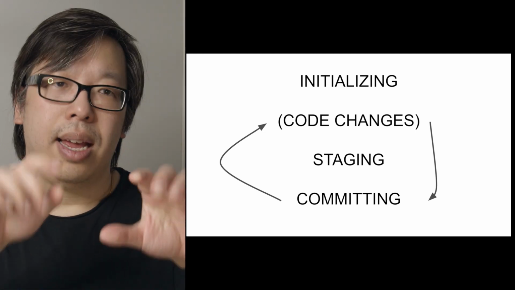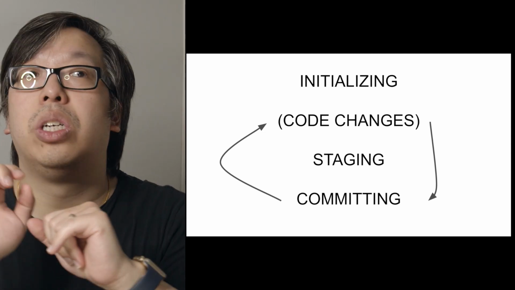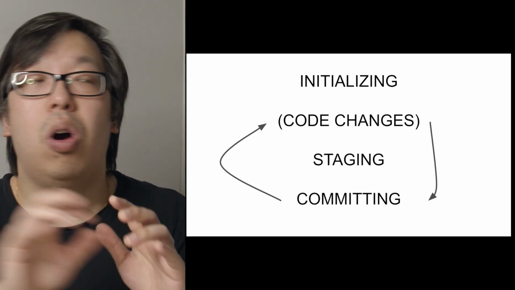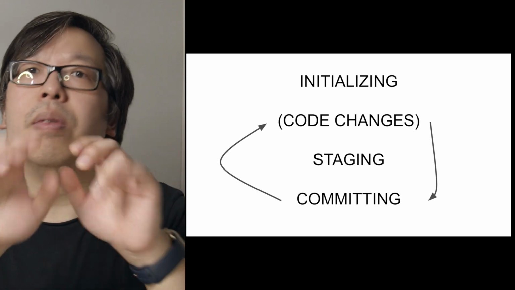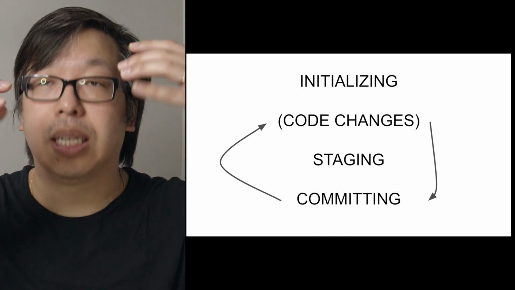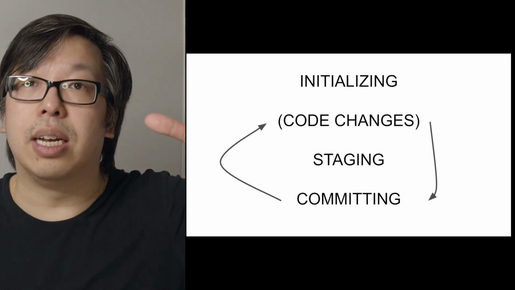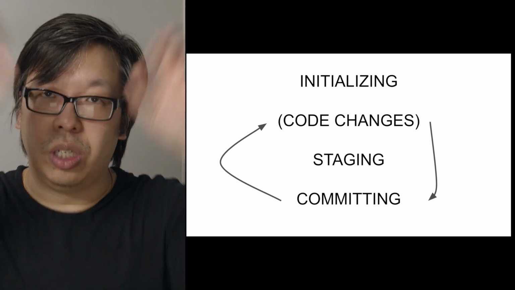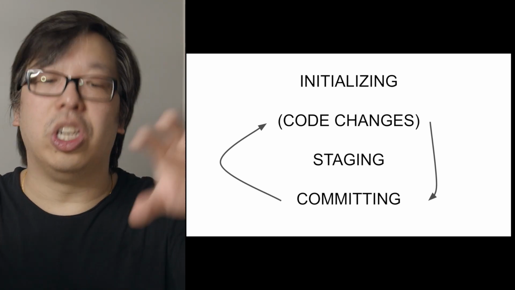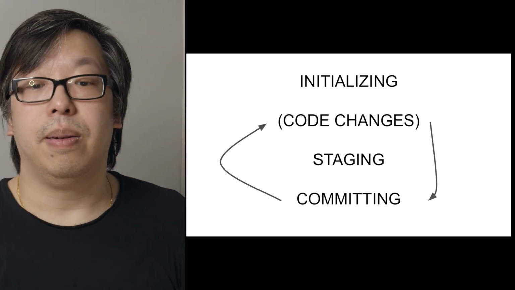So maybe you said added button to the homepage, or change the theme color to blue, or fixed bug this or whatever. So when you make a commit, you are basically recording a snapshot with a little comment, and then the cycle starts over again. You make some code changes, you stage your changes, you commit them. Make some code changes, stage those changes, and then you commit them. And that's how you use Git.